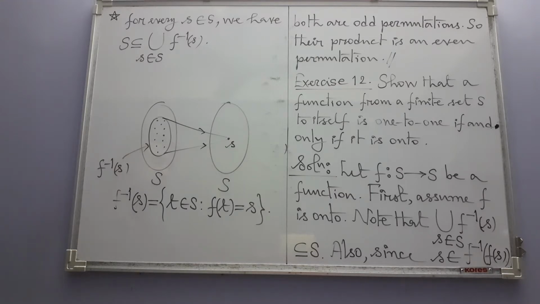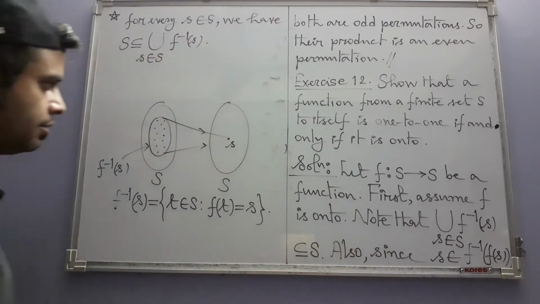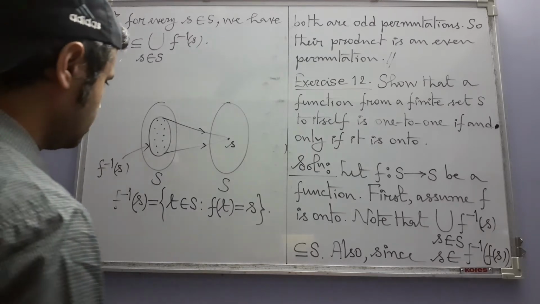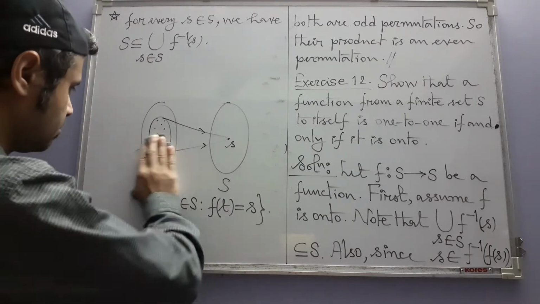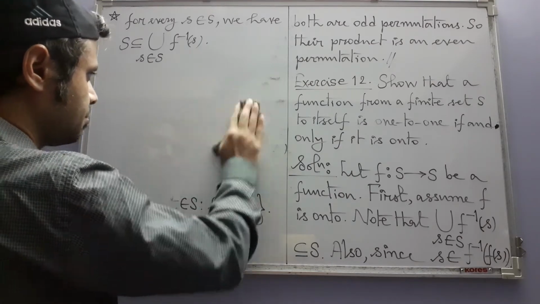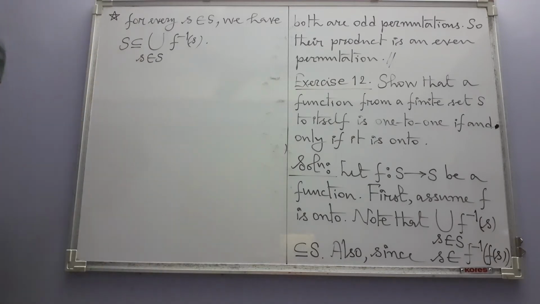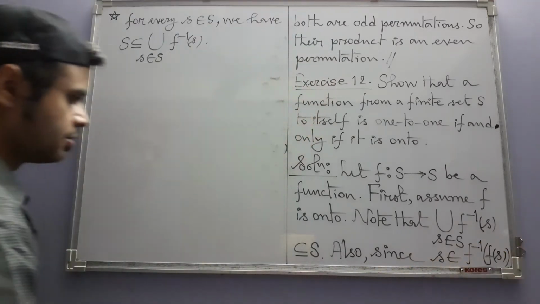Okay, so what is it that we have written in this next line? Here we have written this. We understood this part, we don't need it anymore. S is contained in this.